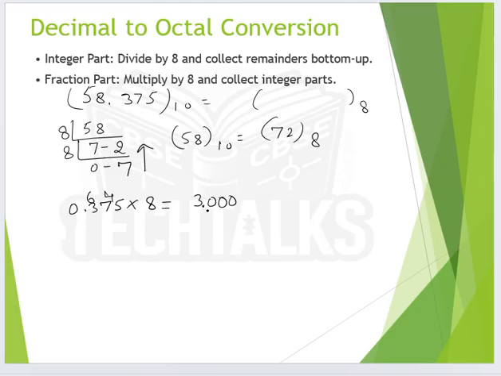This time we have reached all zeros, so we will stop here. So you can say the complete conversion is 72.3. So 58.375, which is in decimal, is equivalent to 72.3 in octal. I hope it is clear. Let's move to the next conversion.